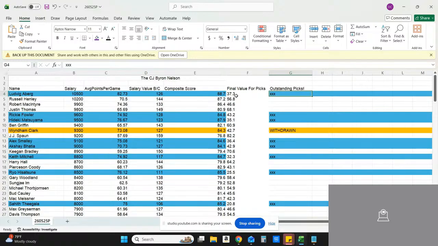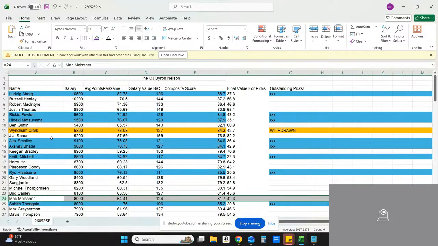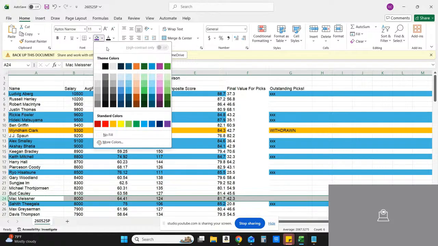37 for Oberg is definitely outstanding. So we highlighted it in blue. Rickie Fowler had a low handicap, which we call the fair value formula, and so on. So we've kind of already highlighted in blue the ones that we think are outstanding. Now there are some that we could add that are close in value.